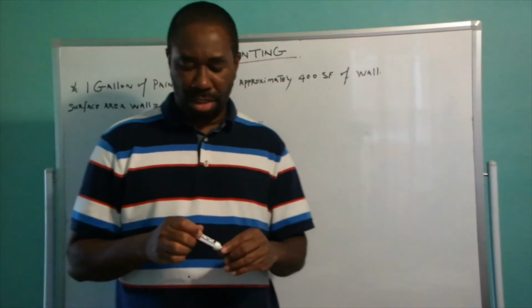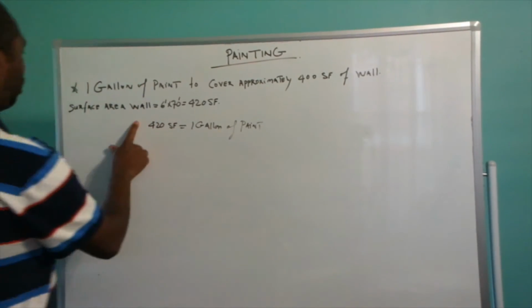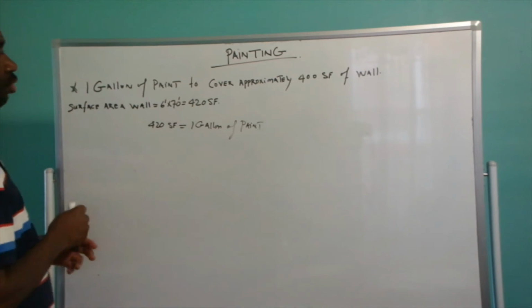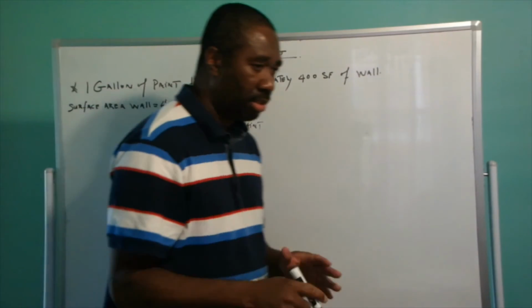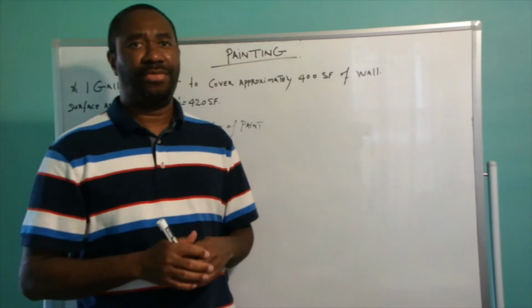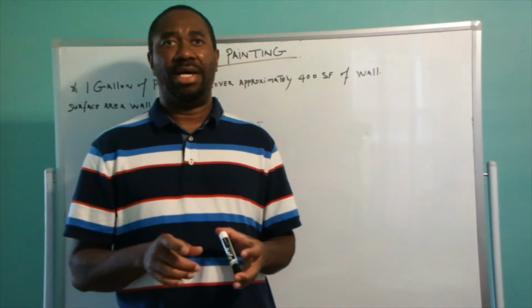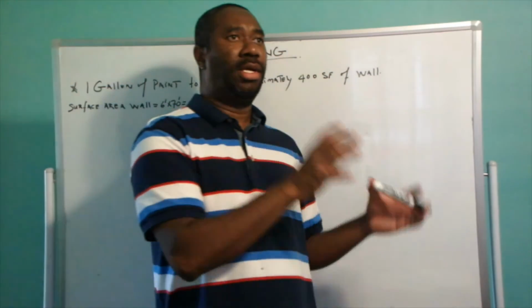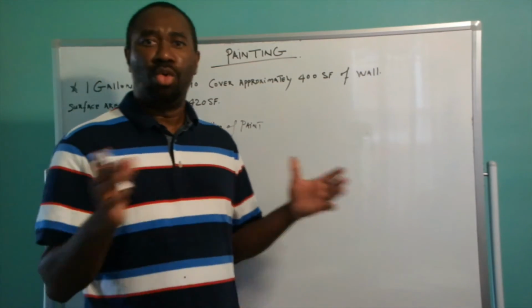Right? So it is going to equal to this 420 square feet is going to equal to 1 gallon of paint. But we have to take into consideration that we are going to give this wall basically 2 coats.